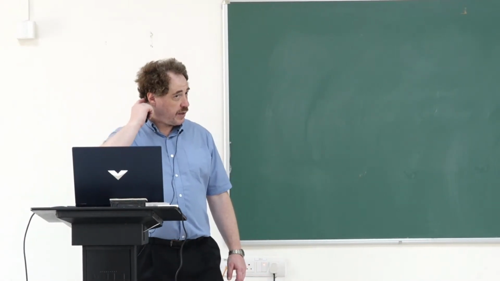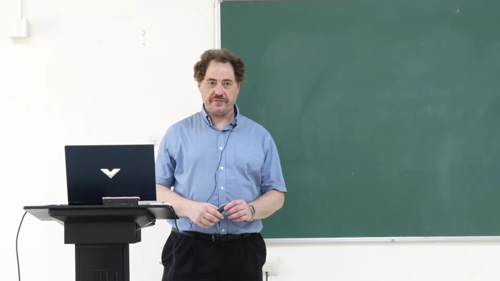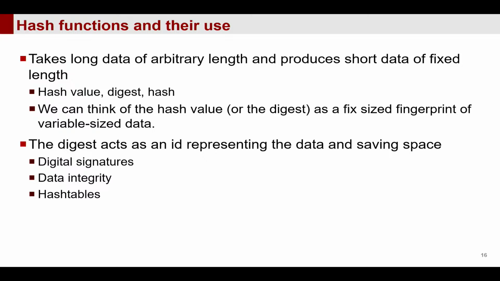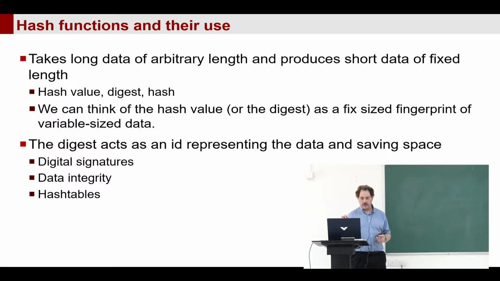Okay, the other cryptographic primitive we are going to cover in this lecture is hash functions. So what's the idea of hash functions? The hash function has many uses. So what is a hash function? A hash function takes long data of arbitrary length and produces short data of fixed length. The result of applying the hash function, the short data of fixed length, has many names.